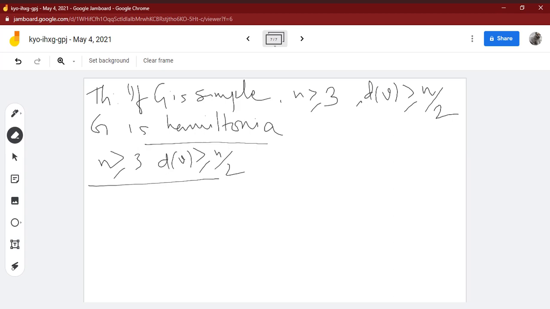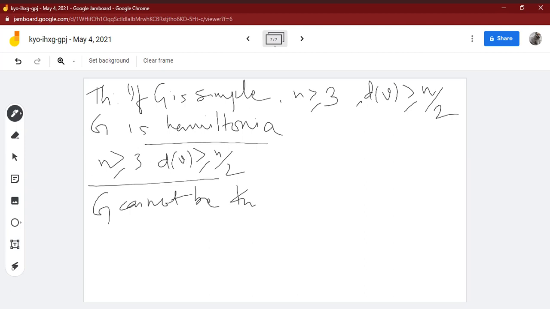So using this G we will arrive at a contradiction. Let's check it out. First of all, G cannot be Kn, because Kn is always Hamiltonian and G is not Hamiltonian.